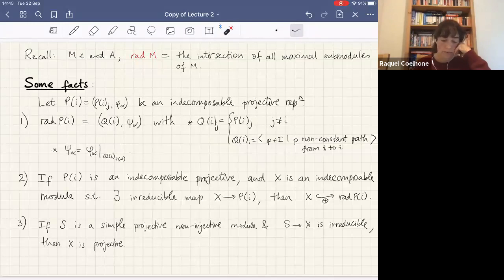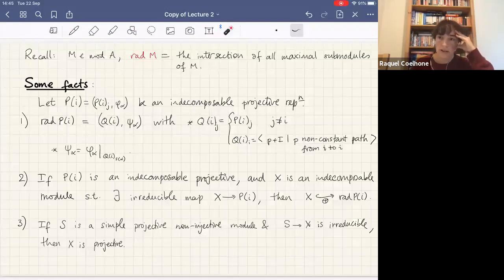And then the linear maps are just restricted to this submodule. As I said, if P_i is an indecomposable projective and X is an indecomposable module, and there is an irreducible morphism from X to P_i, then X is a direct summand of this radical.